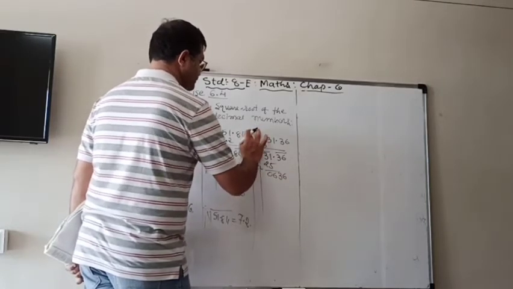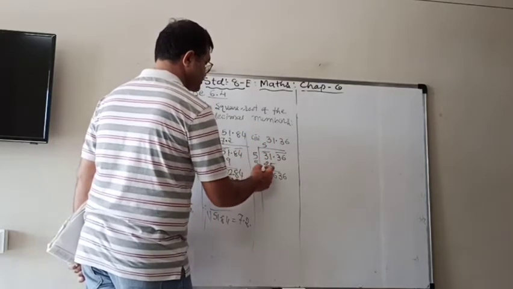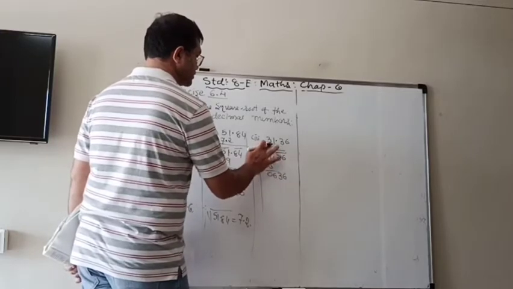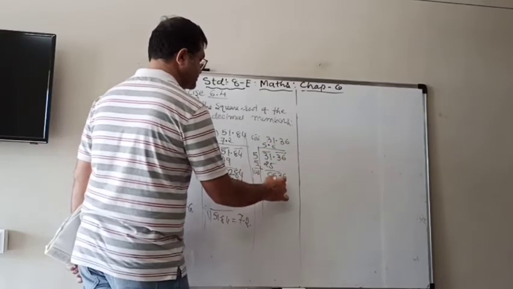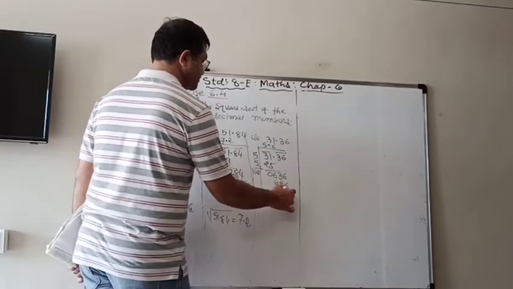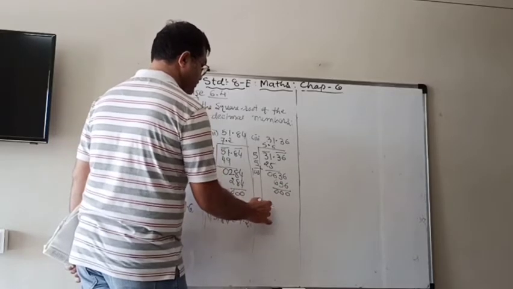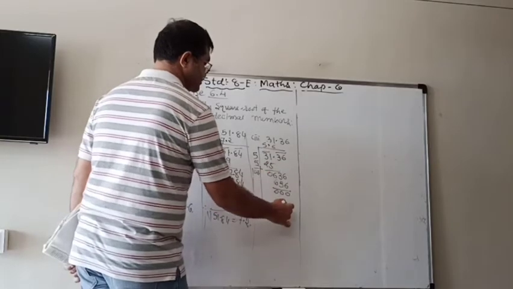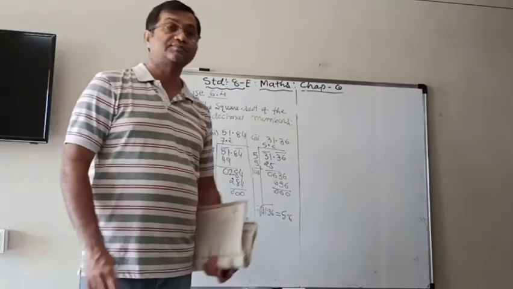So now 10. Then we can use 6. 106 sixes are... But before that we have to put the point here. 106 sixes are 636. And therefore square root of 31.36 is equal to 5.6.